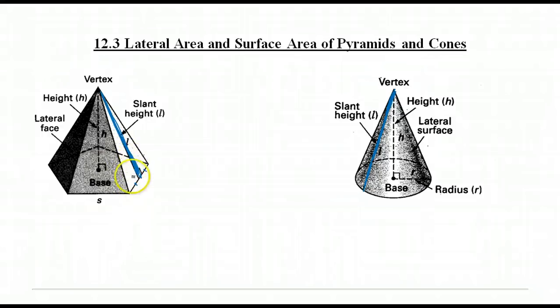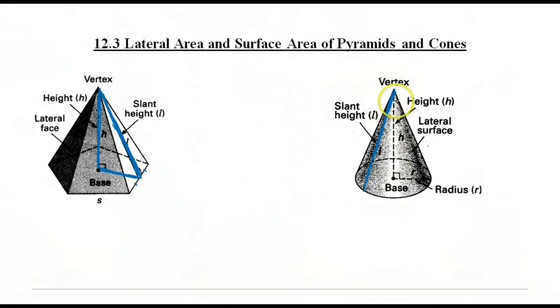Now this is the part where you have to use a little bit of your imagination. Inside of this pyramid is a triangle. If I connect my slant height with the height of my pyramid, and I connect those two lengths together, I've created a triangle inside of my pyramid.